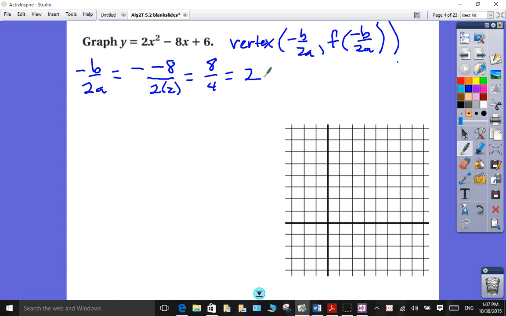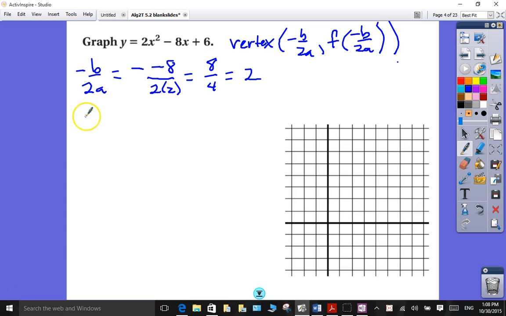Now how am I going to find the y-coordinate paired with that x-coordinate? Plug it in for the x. Remember, y equals f of x; they're interchangeable.